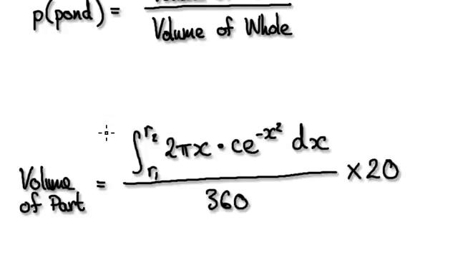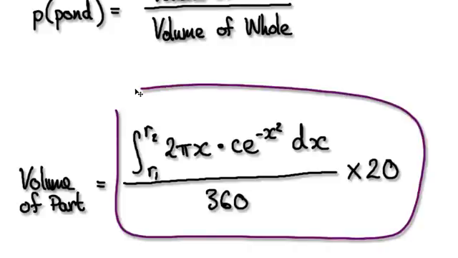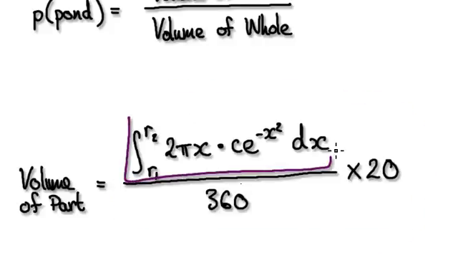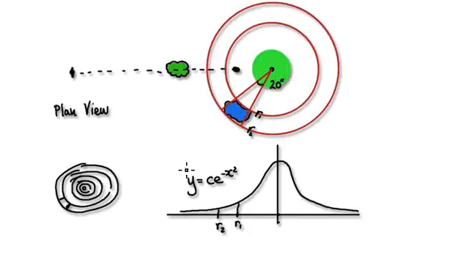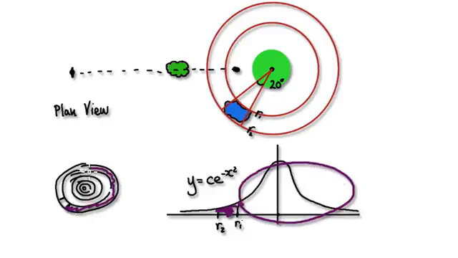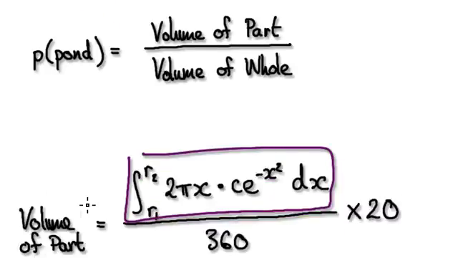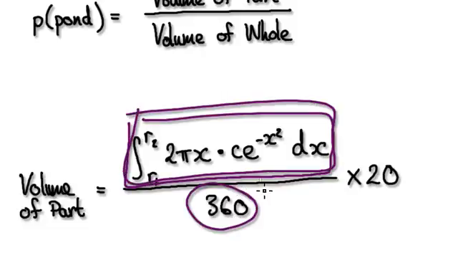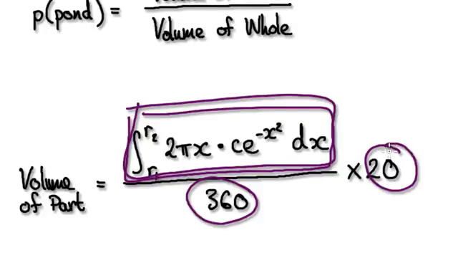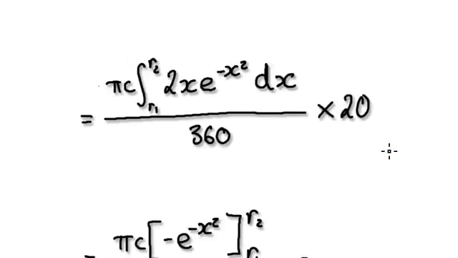This bit here would be you getting this, revolving it around 360. That will give you this whole band here. Once you've got the whole band, cut it into 360 equal pieces, and then get 20 pieces. That will then give you the volume of the pond, if you like.